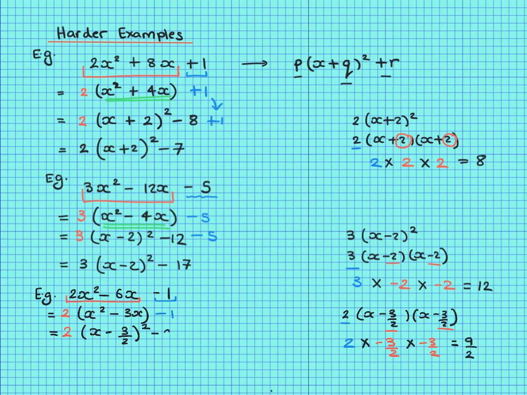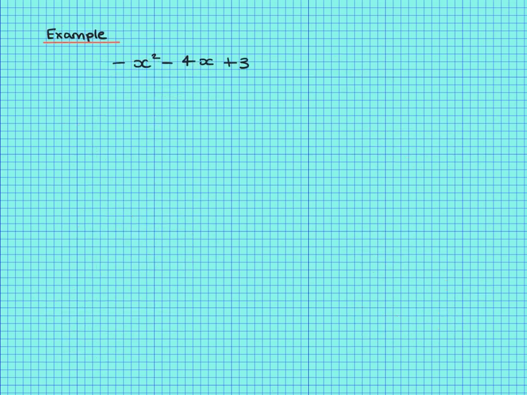So I want to subtract 9 over 2 and then subtract the 1 which was originally there. This then simplifies to give me 2 bracket x minus 3 over 2 all squared minus 11 over 2. Let's do one last example of this.